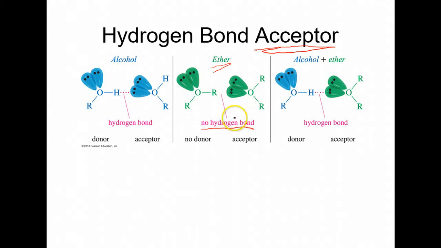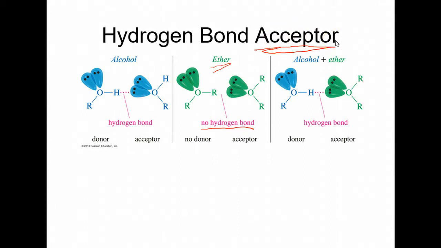However, an ether does have a polar oxygen, so it can accept a hydrogen bond as long as there's a hydrogen in your solution. If you throw in an alcohol, you could still form a hydrogen bond. Water actually won't be soluble in ether. So the oxygen on the ether is what's called a hydrogen bond acceptor.